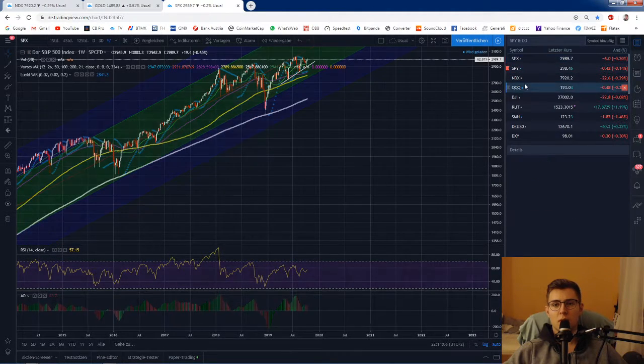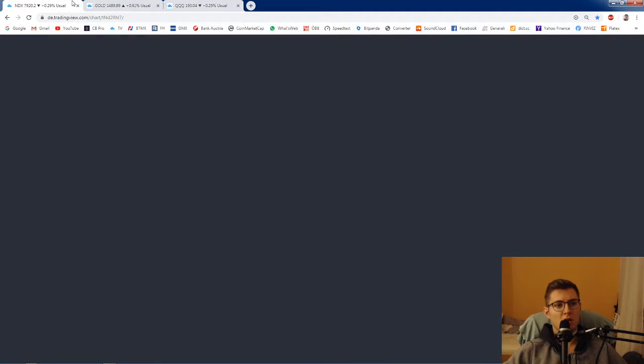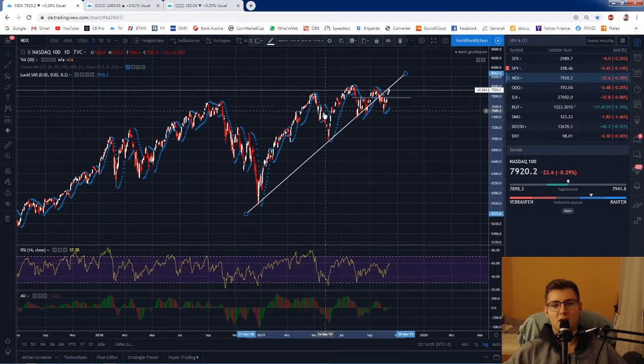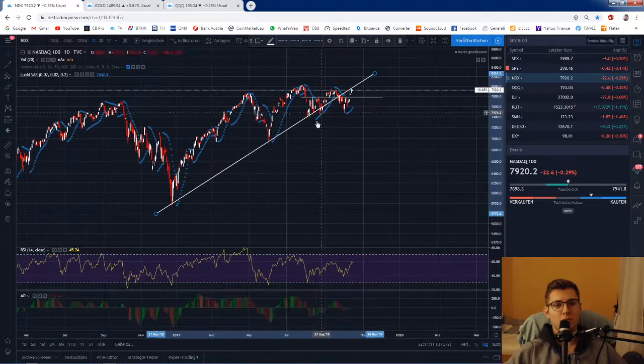Basically every index looks very similar. On the daily, you can see a trend line which seemed to be respected, and it now seems to have broken again, and we retested that area.